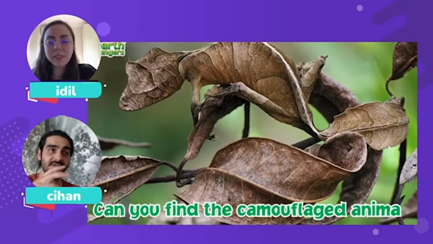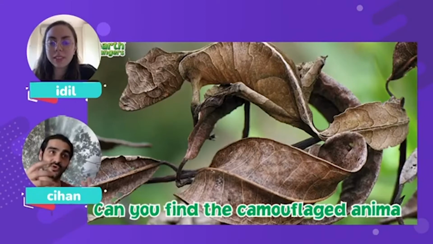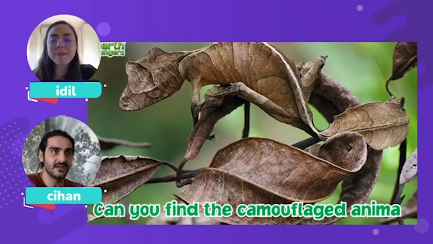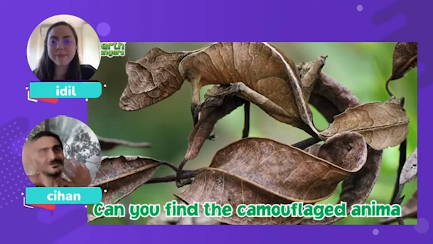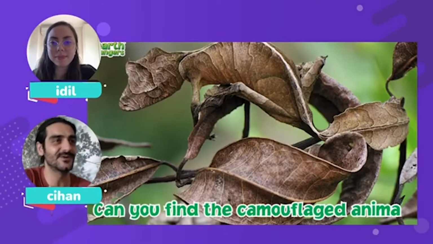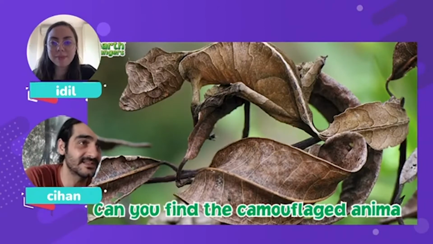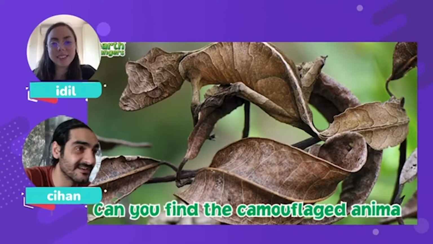But I think, after some point, what natural selection says, the ones with the color that is closer to the color of leaves have a bigger chance to live because they are not visible. So after generations and generations, the ones that have similar colors like this adapted and survived. Yes, that's exactly right, Jihan.